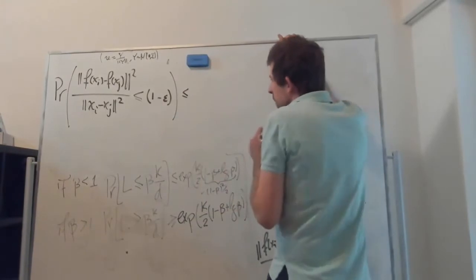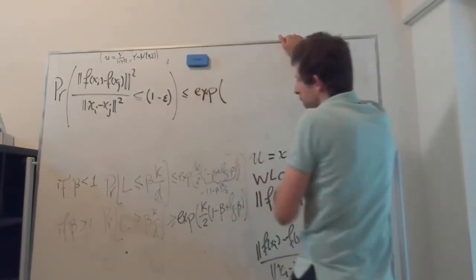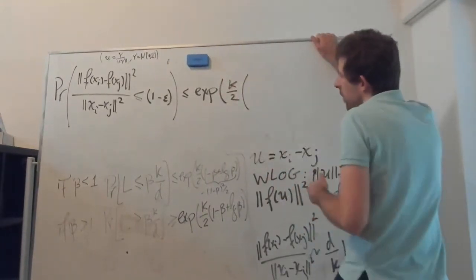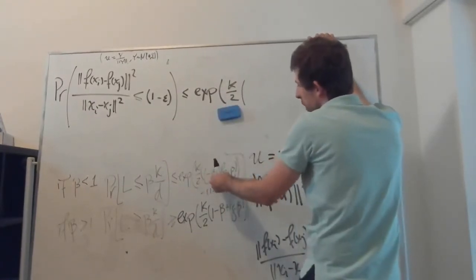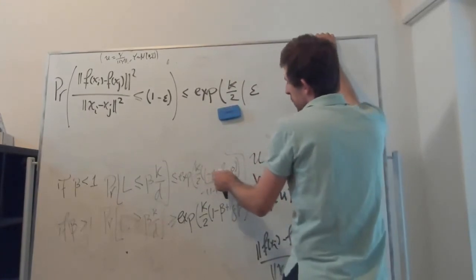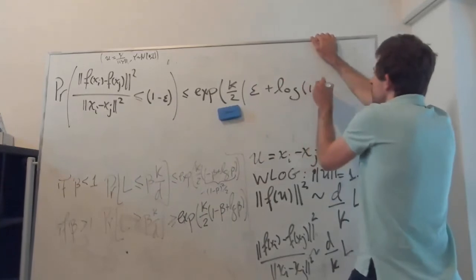What is this? This is smaller or equal than exponential of k over 2. And now I get what? I get epsilon, 1 minus 1 minus epsilon plus log of 1 minus epsilon.